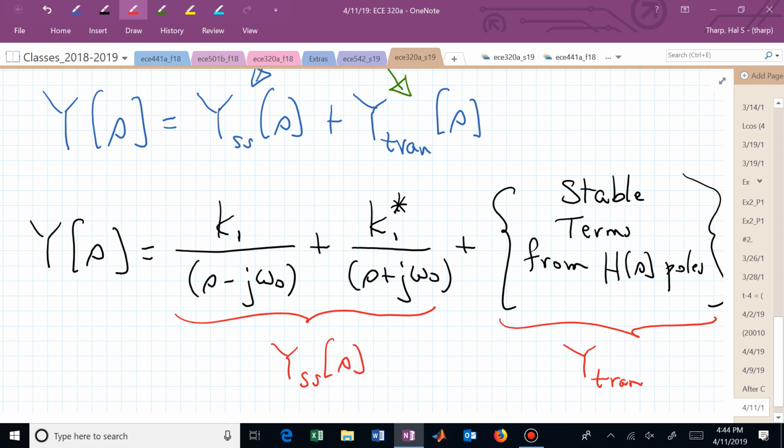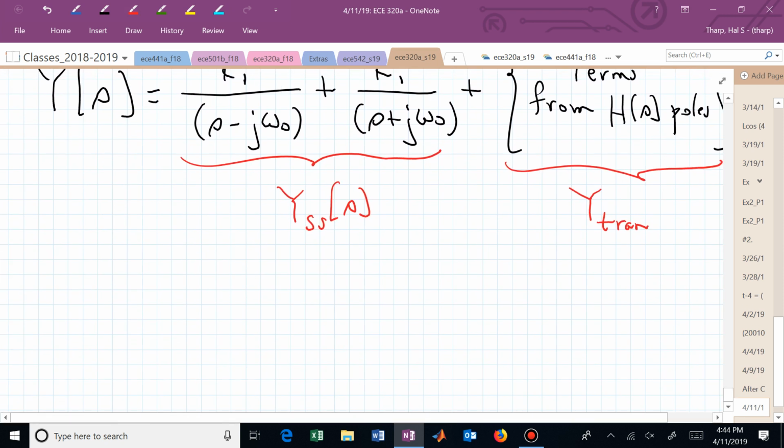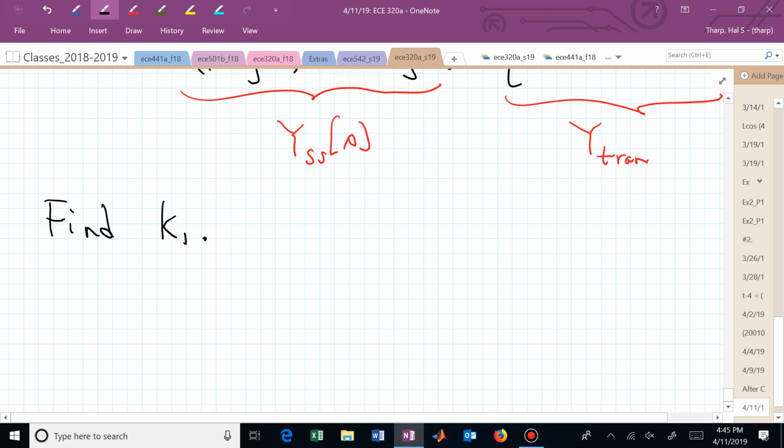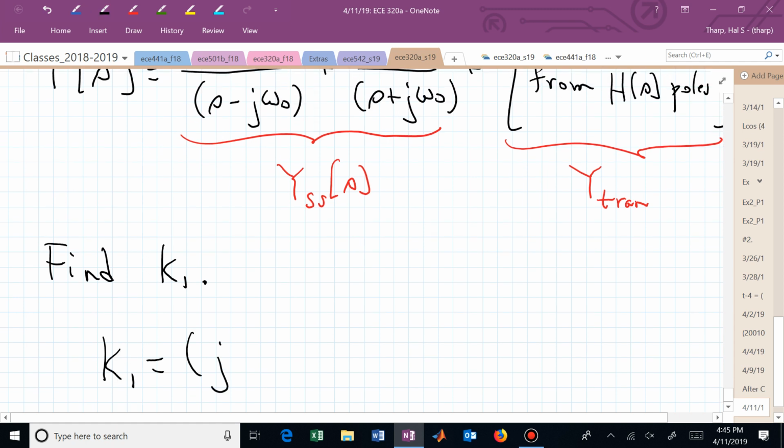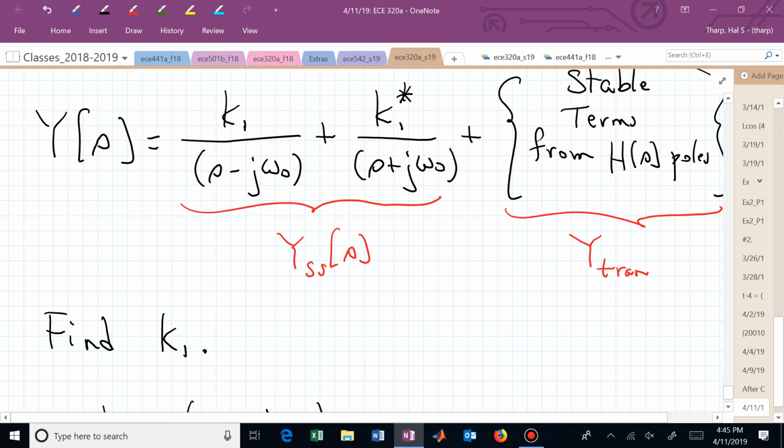But how do we find K1? This is really the cover-up method, isn't it? Because we only have one of those. So we would multiply both sides by S minus J omega naught. And all of those, when we evaluate it at S equal to J omega naught, are going to vanish, except we'll be left with K1 on the left-hand side.